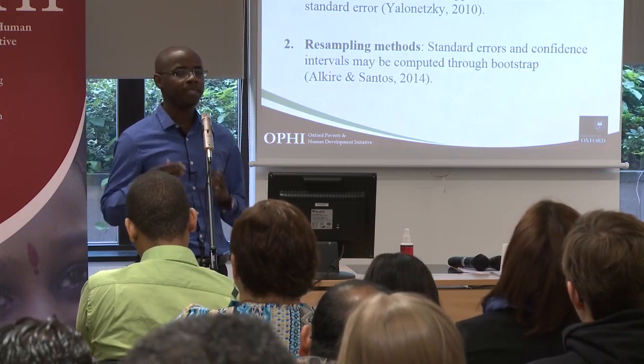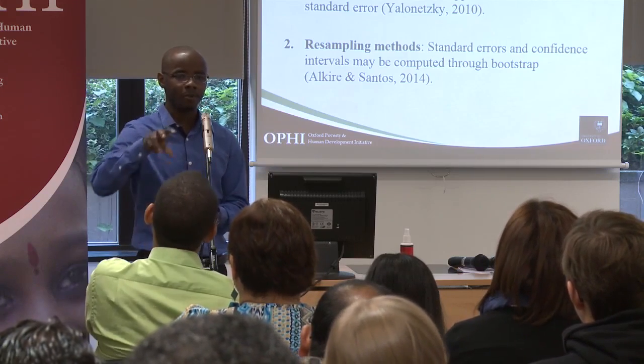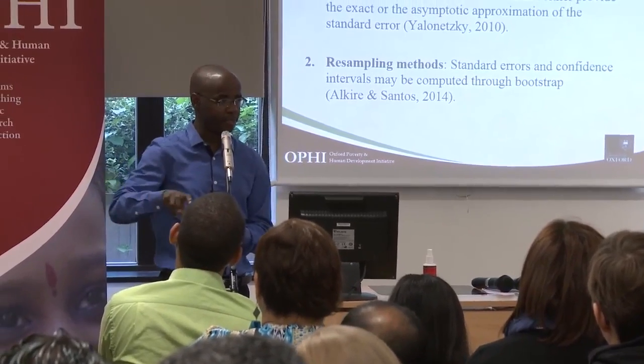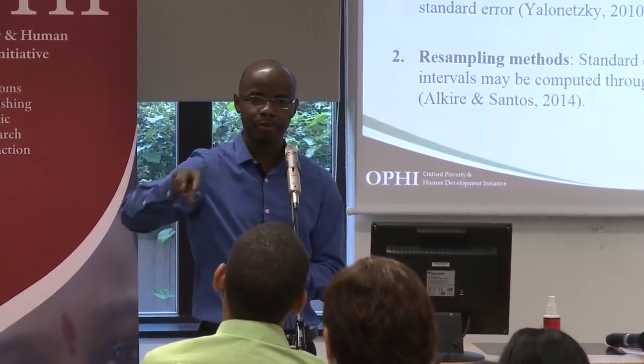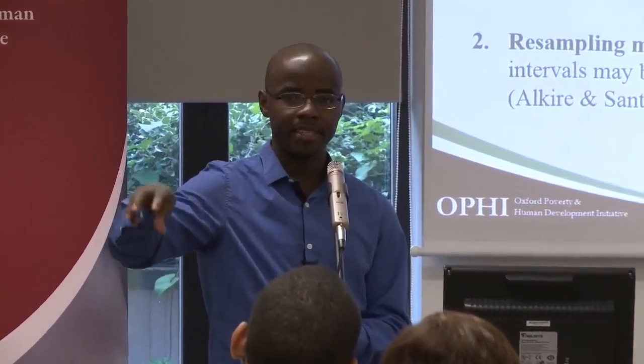You repeat this process several times and get different samples. From these different samples you compute the estimate in each sample, and then you get the distribution of the estimate, and with the distribution of the estimate you calculate the standard deviation. Is it clear?